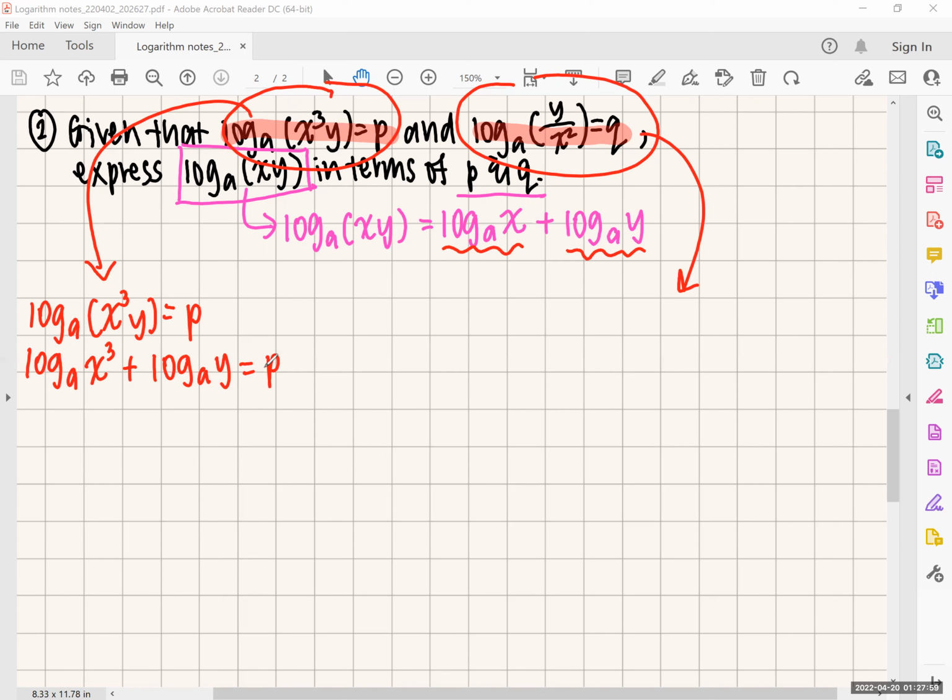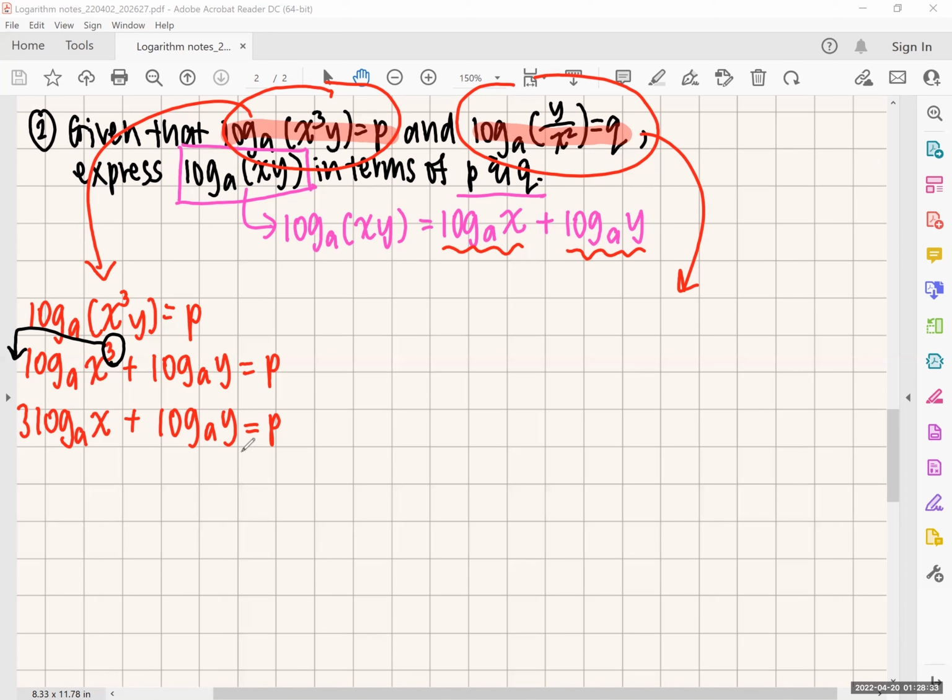Now, whenever I have this, can you see the power? I'll make a habit to do a power bring down. So hence, I'll have 3 log A x plus log A y is equal to p. All right. And what we're going to do from here is, because log A x has 3, right? If I make log A x the subject, I will technically need to divide by 3.